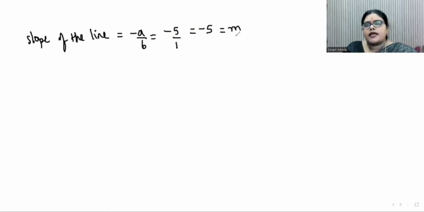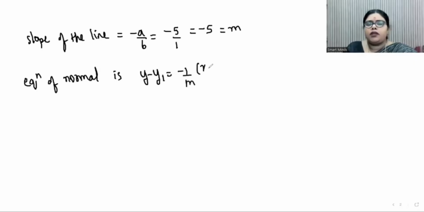We take this as m. Now after you get the slope of the tangent, we can find the equation of normal. What do you mean by normal? Normal is a line which is perpendicular to the tangent. So the equation of normal is y minus y1 is equal to minus 1 by m into (x minus x1).